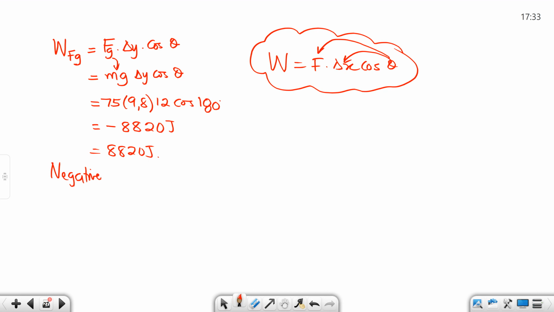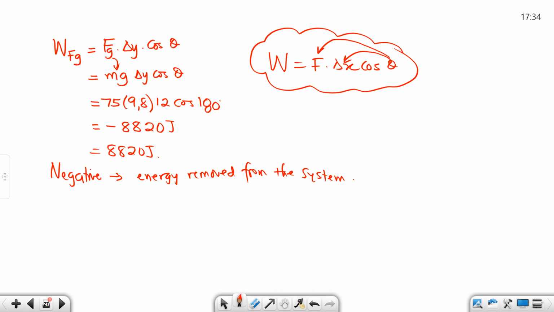Energy is a what? Scalar. The negative simply tells you that energy is removed from the system. Please, when we do this, don't say downwards or upwards. The negative simply tells you energy is withdrawn, removed, taken out of the system.